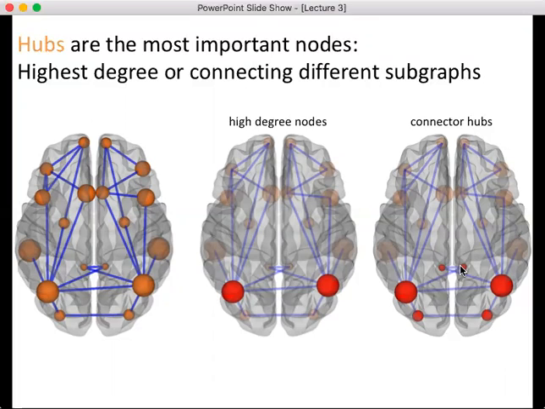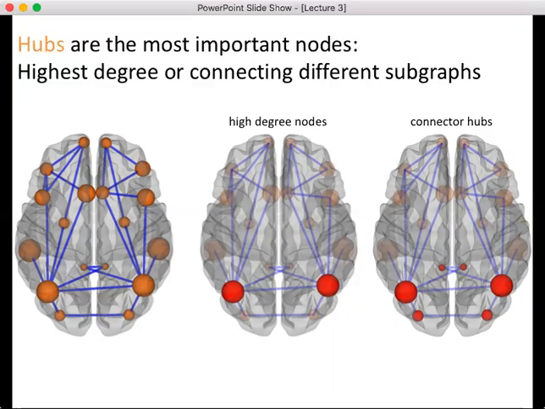So they are very important because if, let's say, this and this node are lost, and this is lost, then the left and right parts of the brain will not be connected to each other anymore. So these are so-called connector hubs. Their importance doesn't come from a very high degree, but from the fact that they connect otherwise separated parts of a network. This is very important in many situations.